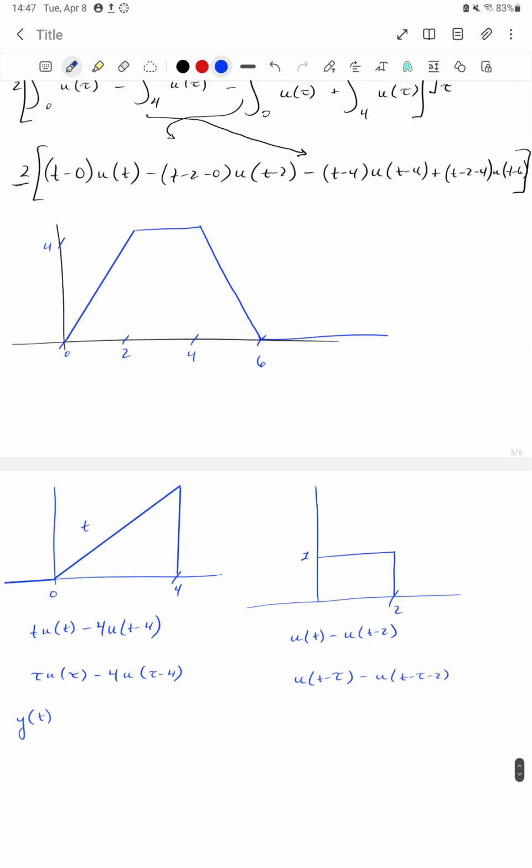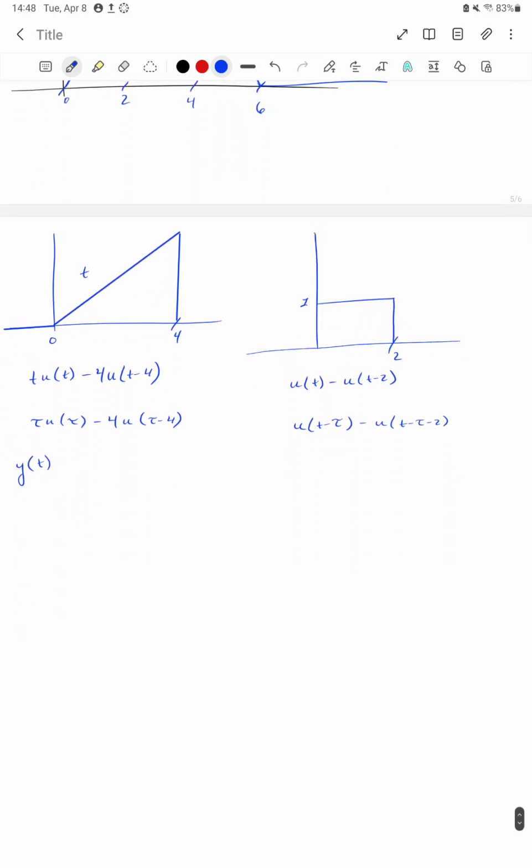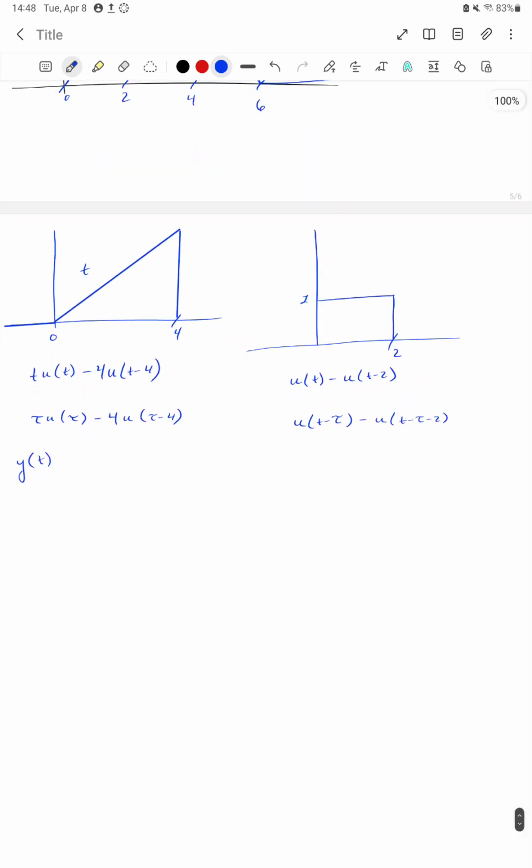Now let's do the same y of t. I keep running out of room, but make sure to do your labels. Dr. Moreno will mark you off for the stupidest thing. I'm running out of paper, obviously, or well, I guess it's not paper, but you get what I'm saying.